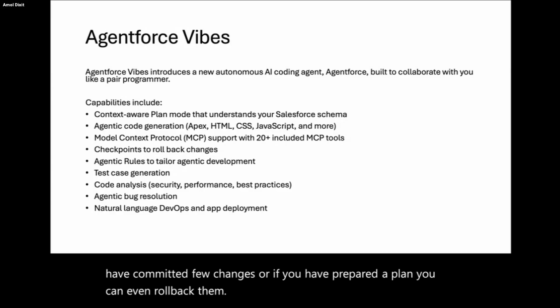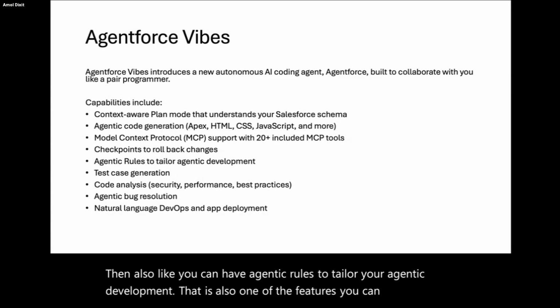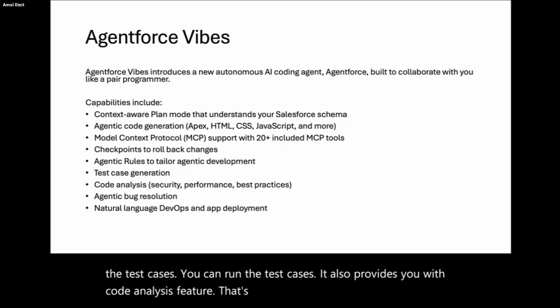Then you can have agentic rules to tailor your agentic development. You can even prepare and run test cases. It also provides a code analysis feature that's good for security, performance, and best practices.